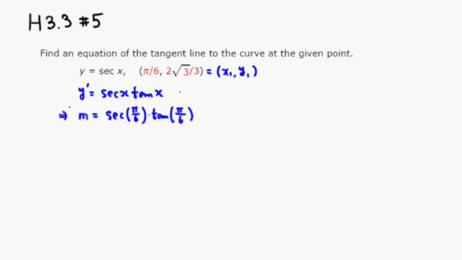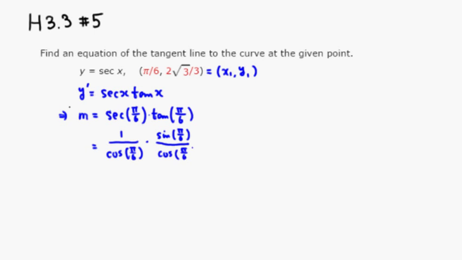If you don't like secant, you can write it as 1 over cosine of pi over 6, and if you don't like tangent, you can write sine of pi over 6 over cosine of pi over 6.